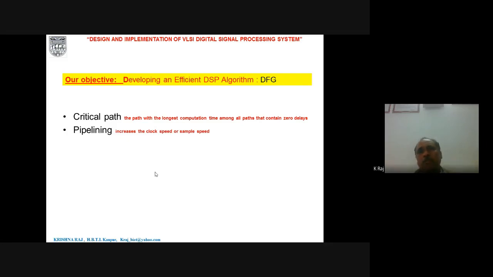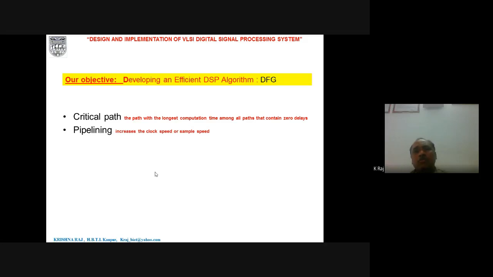It means in order to decide the critical path, we will see the different paths available from the input to the first energy storing device, to another energy storing device, and then from an energy storing device to the output. And we will also trace those paths which have no delays or no energy storing between the input and output.